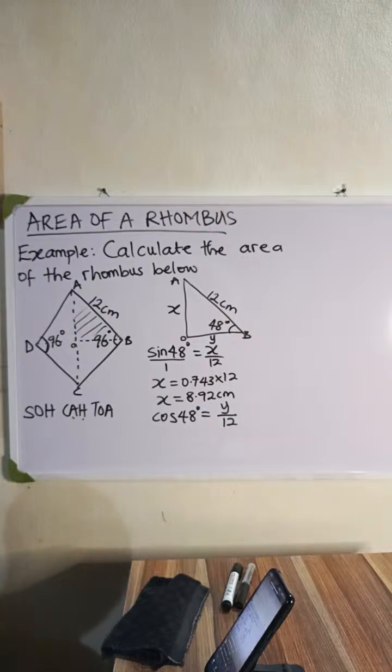So what is cos 48 degrees? I got 0.67. Can someone do the final confirmation? It should be 0 point something.